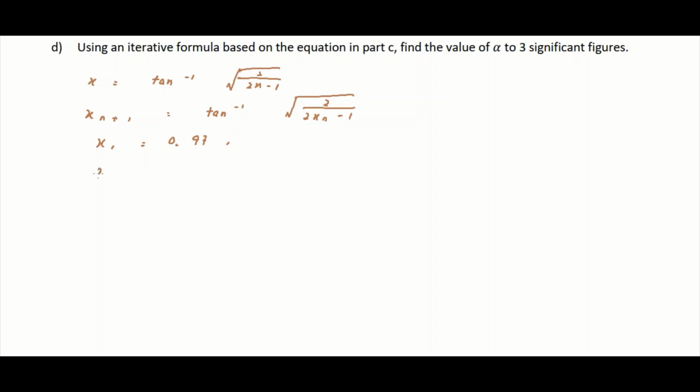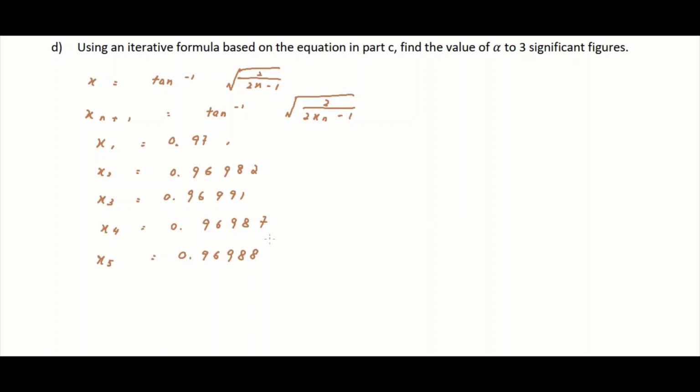Same thing, I'm just going to write down the values that I get on the calculator. So please try to record on your own. As you proceed, you should be able to see that all these values give you the same answer when you round to 3 significant figures. This one, when you round off, gives 0.970.